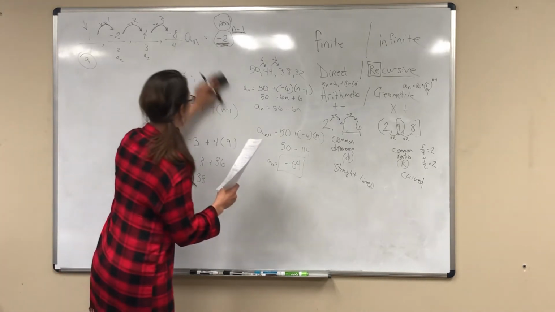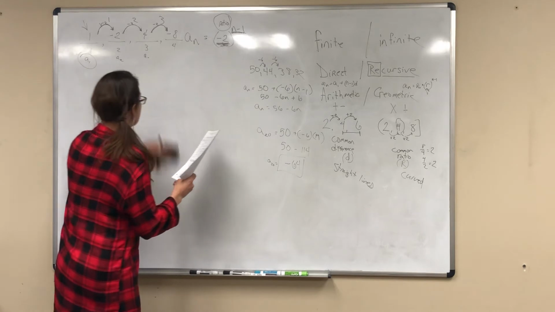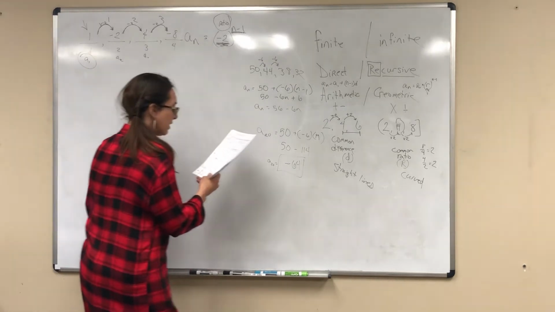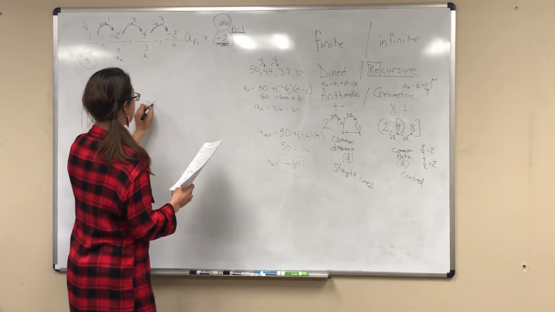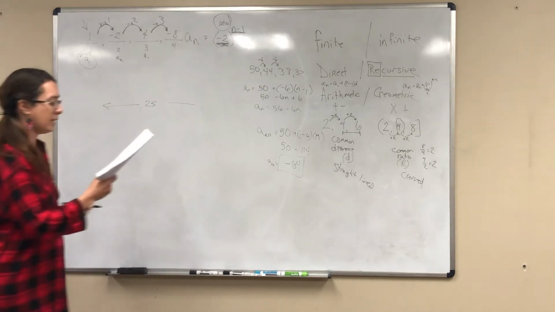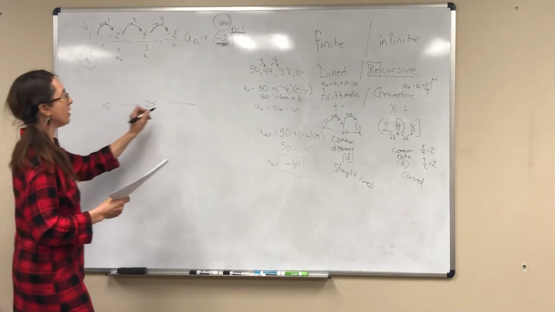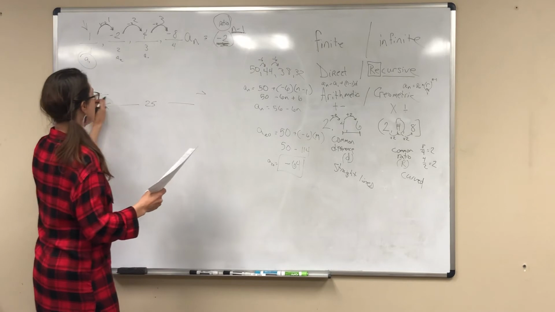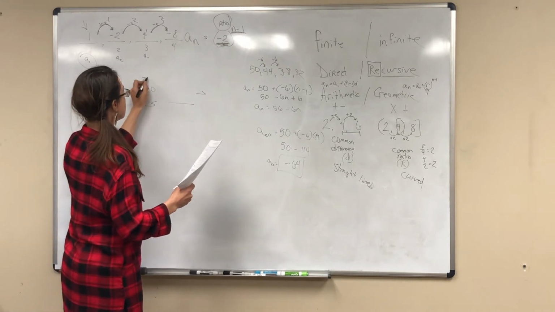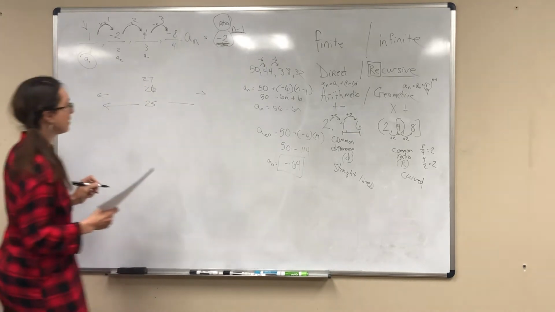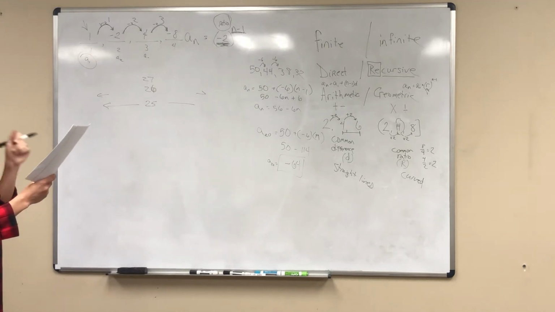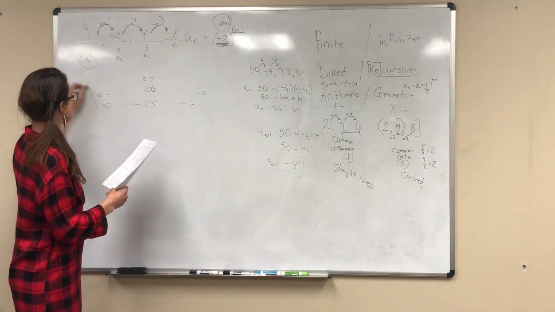Okay, so here's a word problem. If a concert hall has 25 seats in the first row, and every row thereafter has one more seat, we're going to keep going up. There are 32 rows.